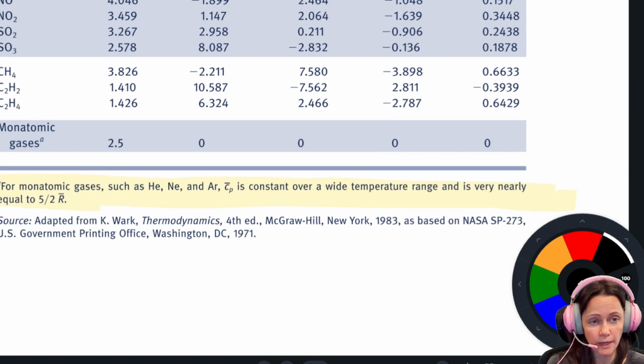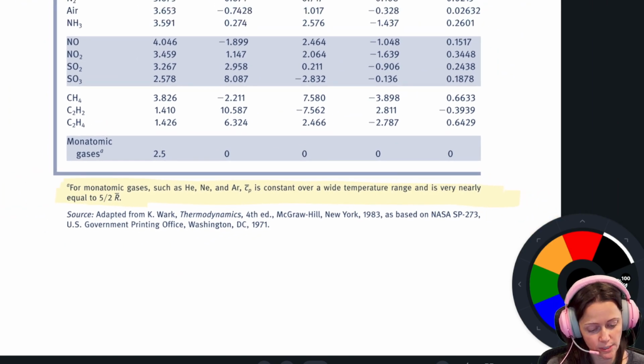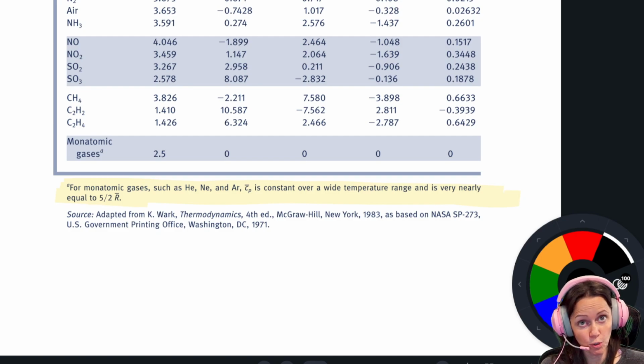It says for monoatomic gases such as helium, neon, and argon, which is what we have, Cp bar in terms of BTU per pound mole degree Rankine is very nearly equal to 5/2 times R bar. So if your R bar was 1.986, then you would have 2.5 times 1.986 BTU per pound mole degree Rankine. That would be your Cp bar.